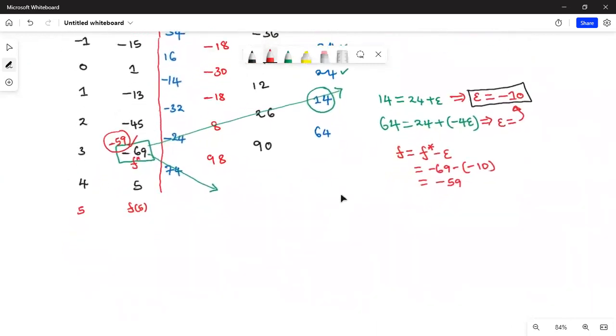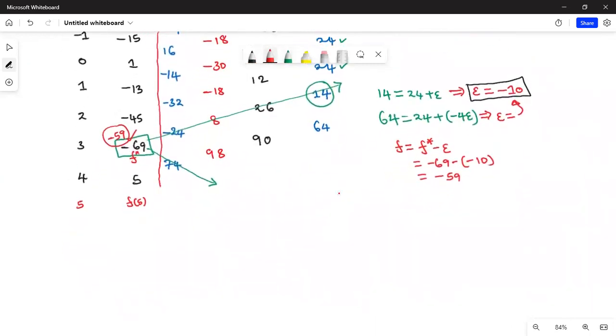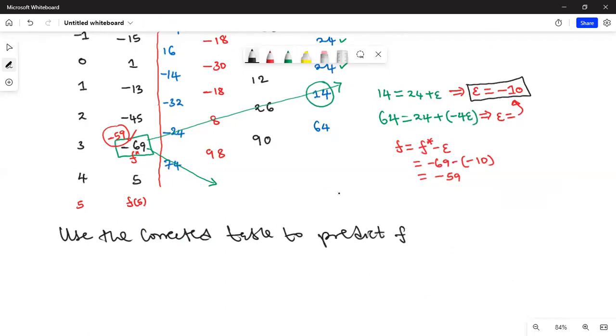So you can say use the corrected table to predict f of 5. Let me start with f of -5, f of -5, and f of 5.